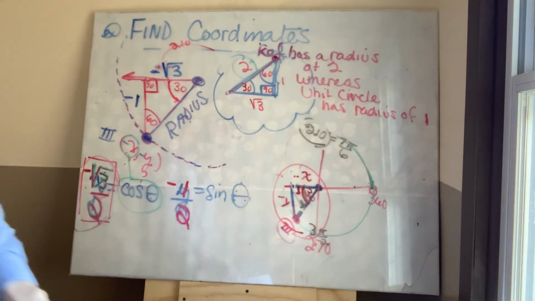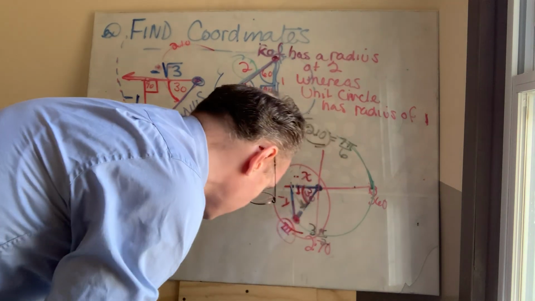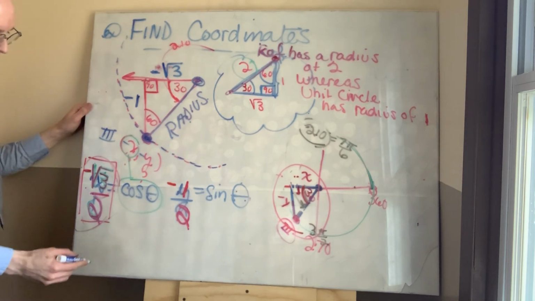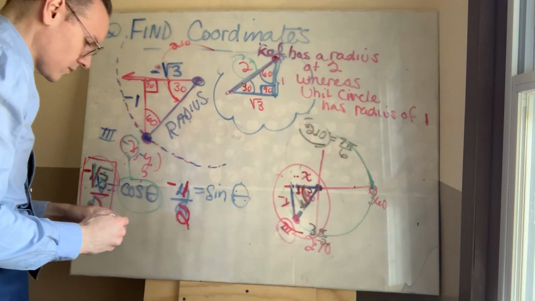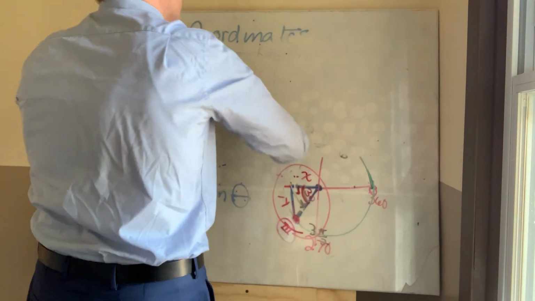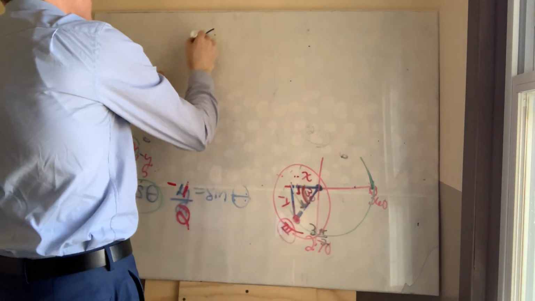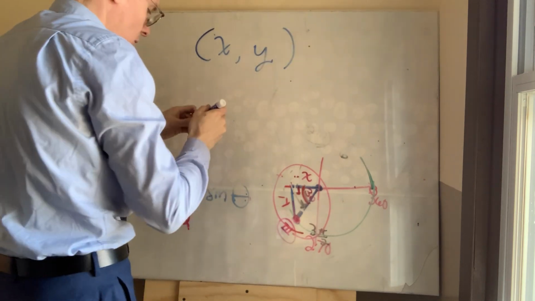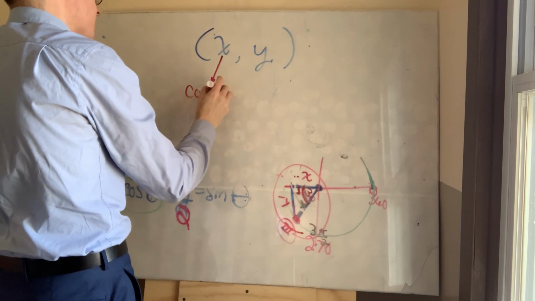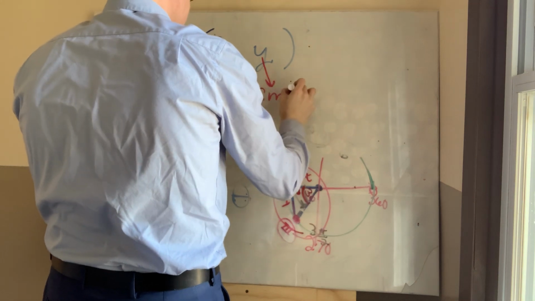Okay. Now, just to make sure you're not too sketchy about this, realize that you're basically going to use this. When you have a coordinate of x comma y, when you're looking for x, this is going to come from the cosine of an angle, and this is going to come from the sine of an angle.